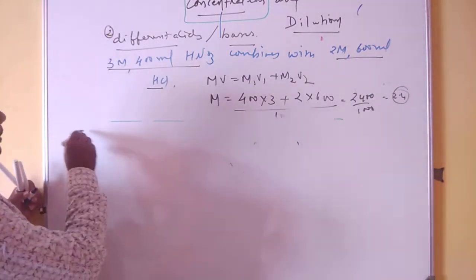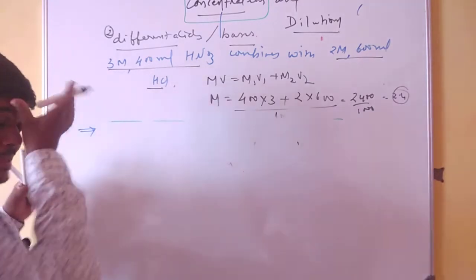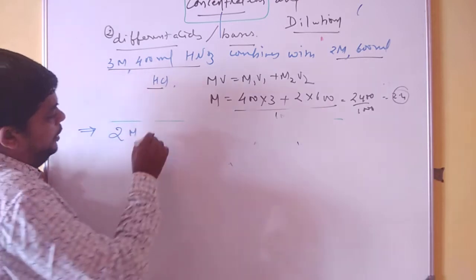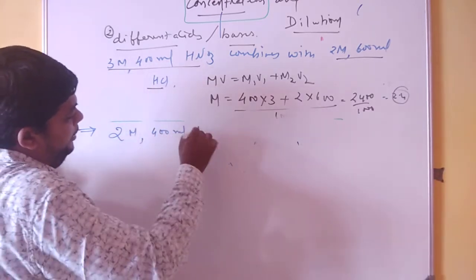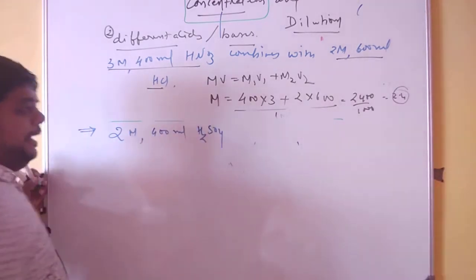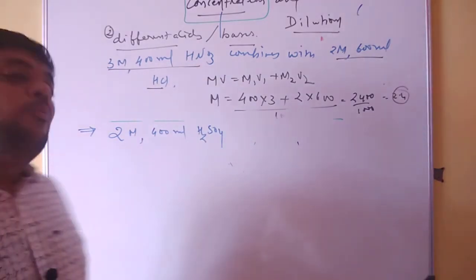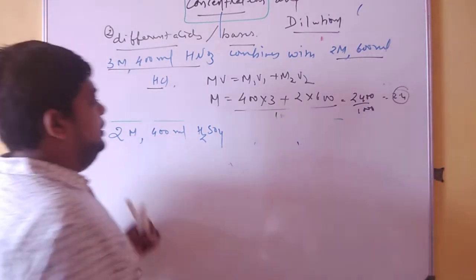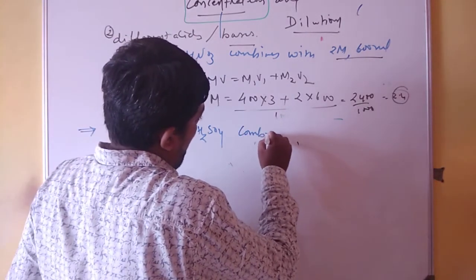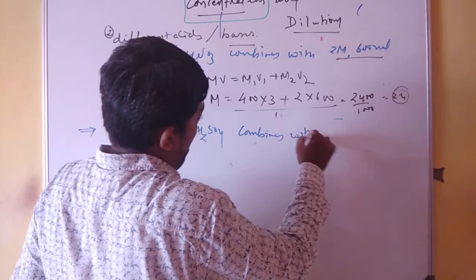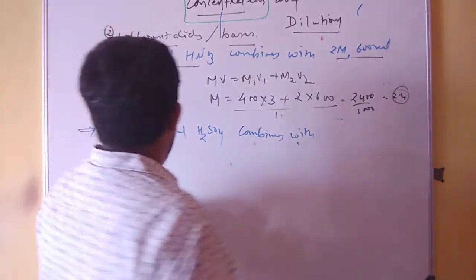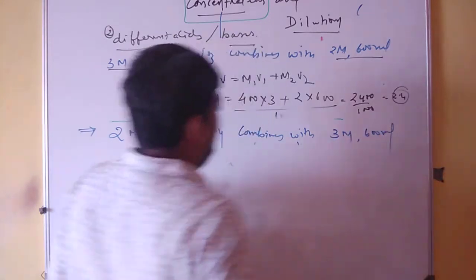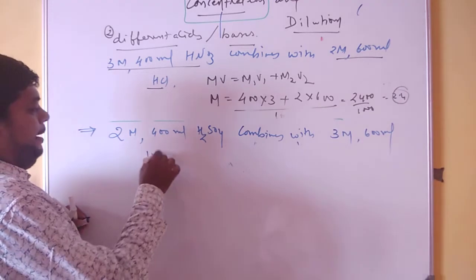But what happens when you have polybasic acid or polyprotic acid? For example, 2 molar 400 ml H2SO4 combines with 3 molar 600 ml HCl.